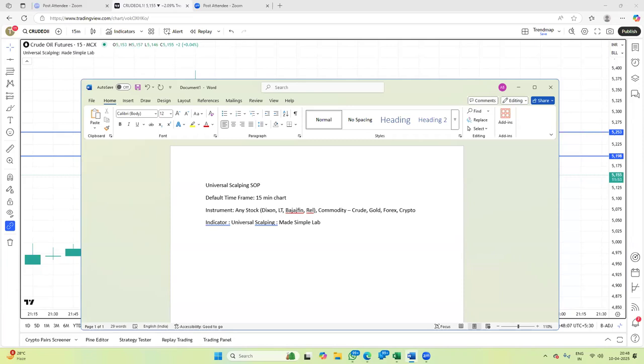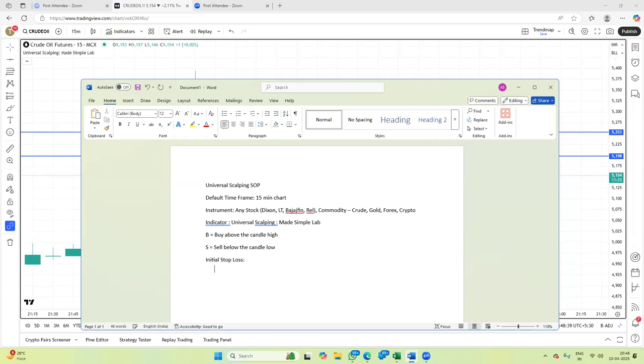Now, the next thing you have to understand is that buy above the candle high is important, and it is equal to sell below the candle low, right? Which I already showed. Now, the next thing is the initial stop loss, where I will place the initial stop loss.